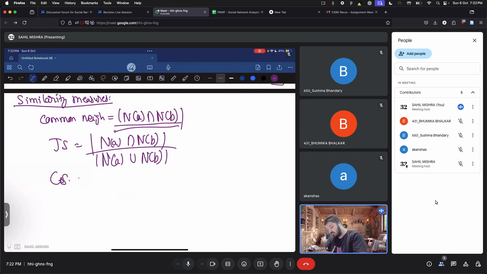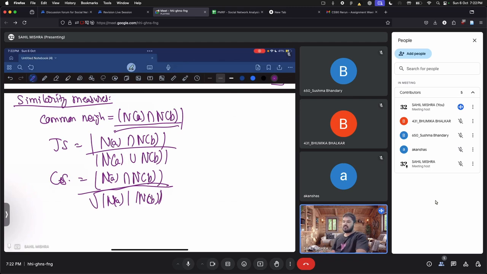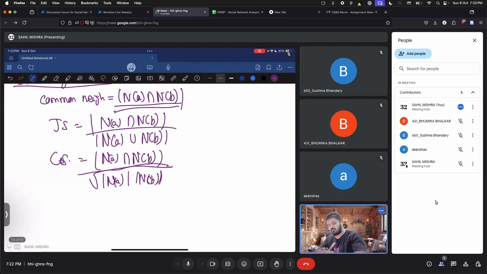We all know it's very common. We just apply NA intersection NB divided by the square root of number of neighbors of A times number of neighbors of B. Very simple basic stuff. Anyways, this was important because this will be used in future lectures. So I'm just showing you this for now.